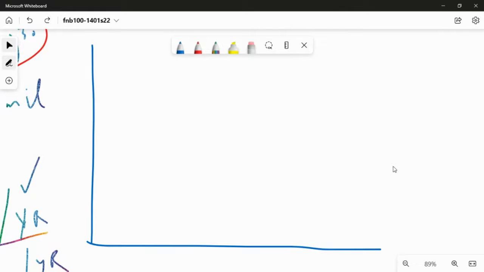Of course, this vertical axis is the principal balance, and this horizontal axis is the timeline. The principal balance at the beginning was 24K. Isn't that right?